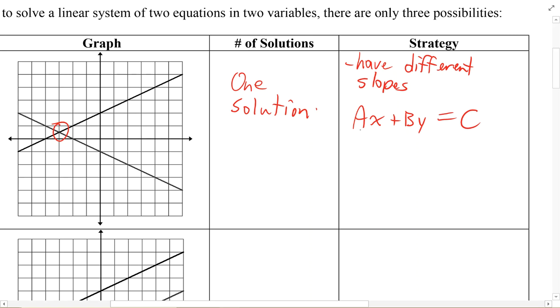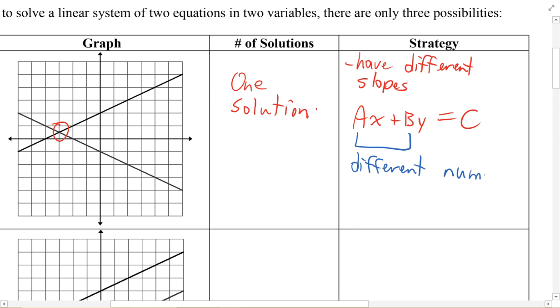But your slope comes from your a and b. We have seen that repeatedly. It comes from the numbers in front of x and the numbers in front of y. All you have to see is these are different. Okay, so these are different numbers, whether that's positive or negative or whatever.